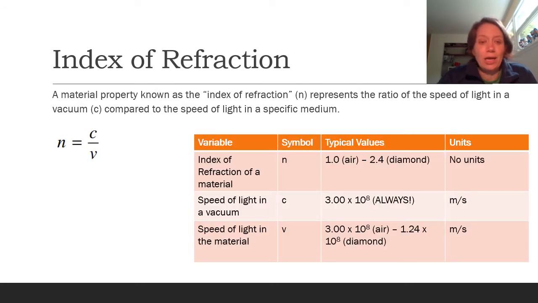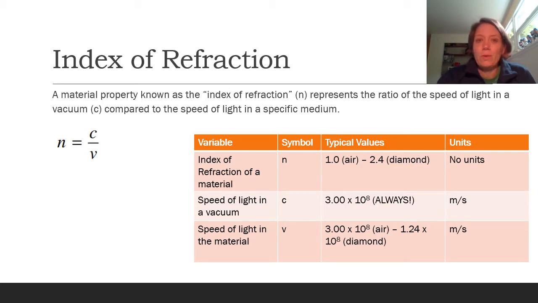In that equation, as I've mentioned, n represents the index of refraction of a material. And the range of possible n values are between 1 and 2.4. You can never have an n less than 1 because that would mean that light would be going faster than it goes in a vacuum in a material. And that's a sort of requirement for our universe, that light can never go faster than c.